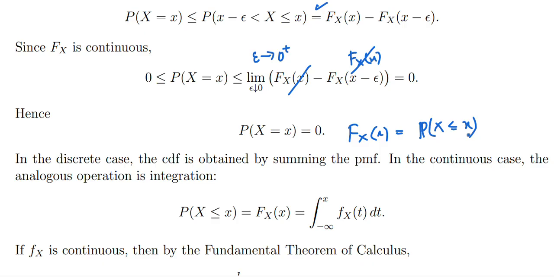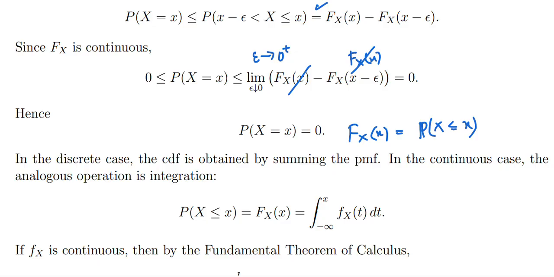So if it's discrete, then we are summing over all x. The CDF is obtained by summing the PMF.